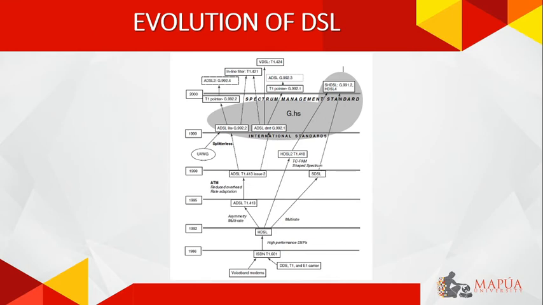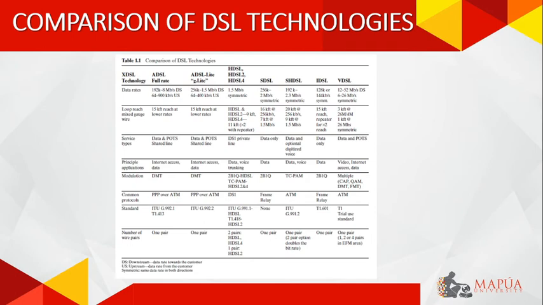Shown in the figure on the screen is the evolution of DSL through the years, wherein the dates indicate publications of relevant standards. Presented on the screen is a comparison of DSL technologies in terms of data rates, loop reach, mixed gauge wire, service types, principal applications, modulation, common protocols, standards, and number of wire pairs.